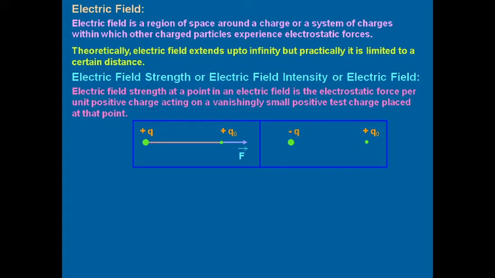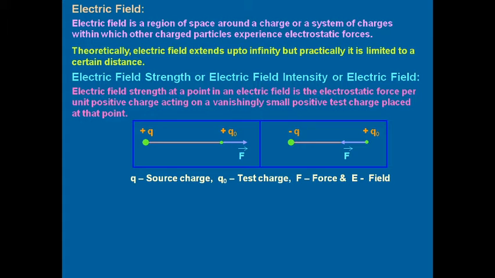Similarly, in the first case the source charge is a positive charge, so the force is a repulsion force acting outward. In the second case, if the source charge is a negative charge, then the force acting on the test charge is attractive in nature, that is towards the charge.